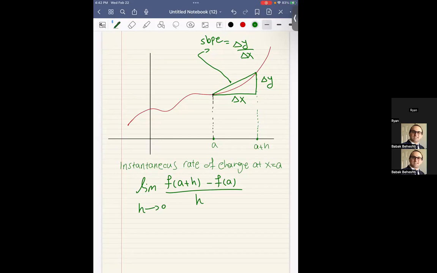Or you can simply imagine this as the limit of delta y over delta x when delta x goes to 0.